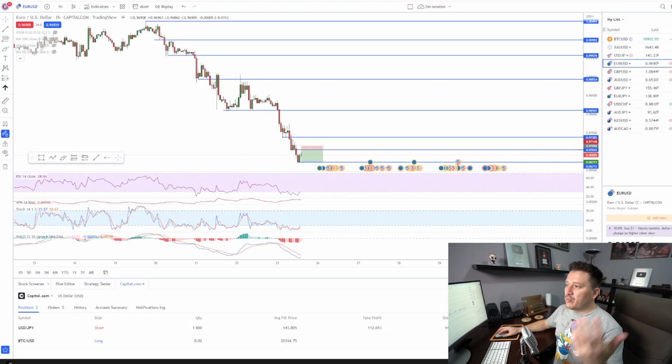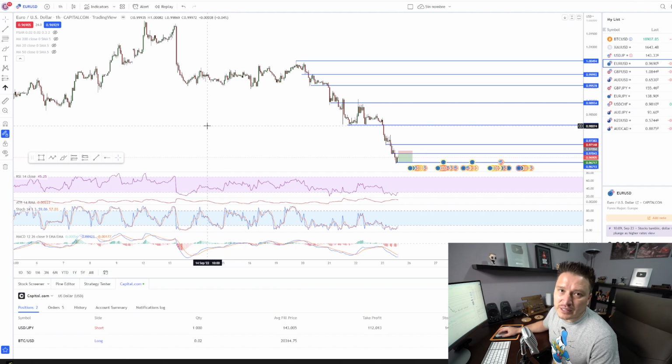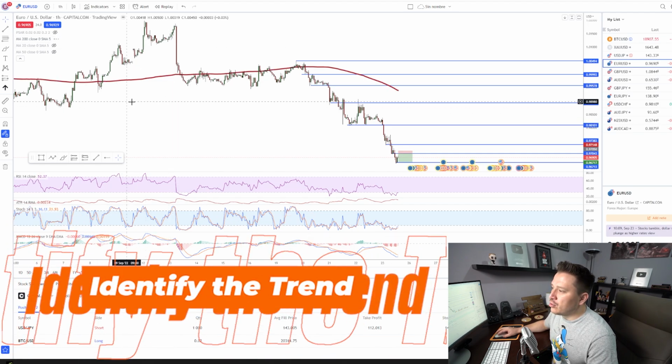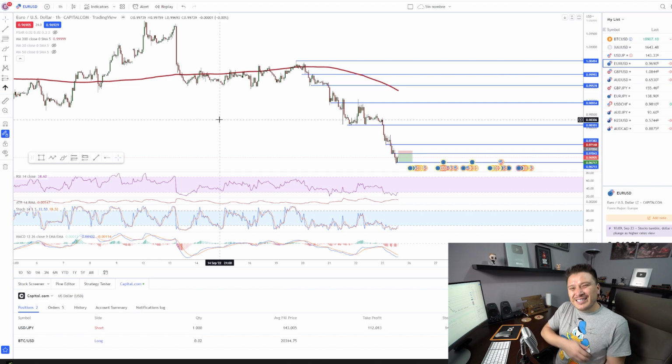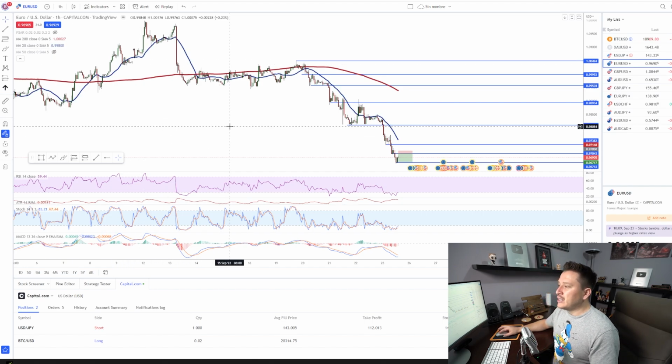All right, so the first thing that we have to do with this specific strategy is identify a trend. An easy way to do that is to add a 200 simple moving average. This 200 simple moving average will tell you where the current trend is going. And if you want extra help, you can add a second moving average, a 20 period. That's going to tell you where the price of the asset is going.